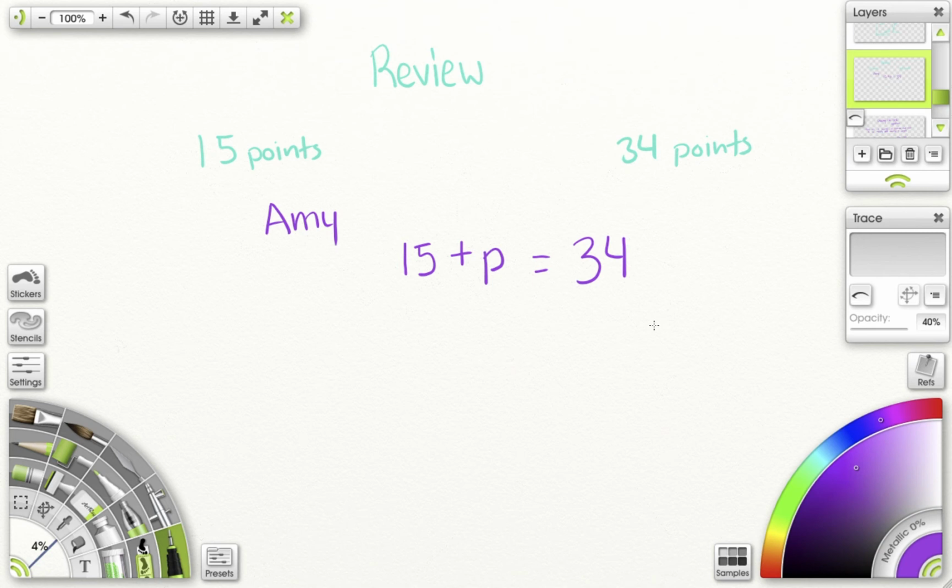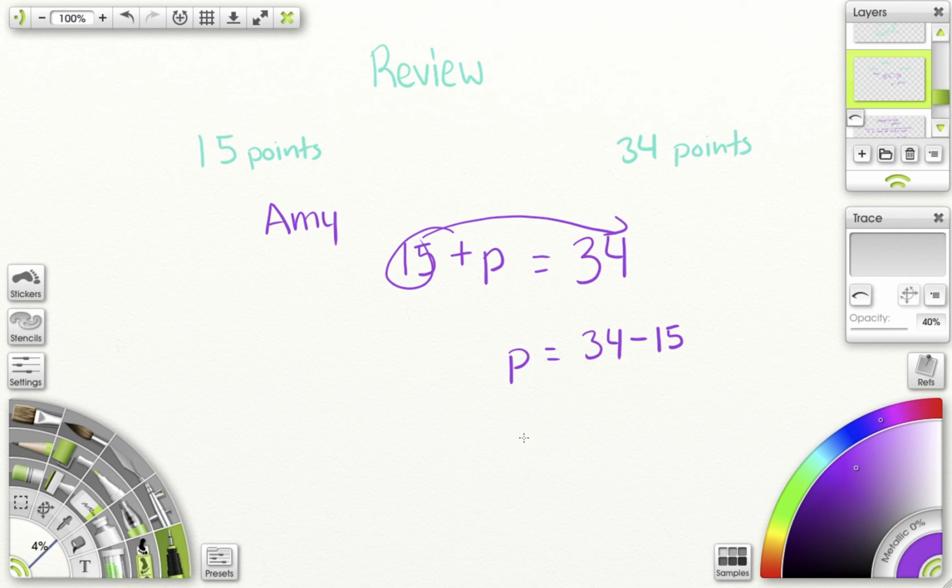Now we have to solve it. In this case, we have an addition problem. 15 plus something equals 34. To solve it, we can just do the opposite, which is 34. We take this 15, move it over here. It becomes minus. So we do 34 minus 15. The p stays on this side of the equal sign. So now we have p equals 34 minus 15.